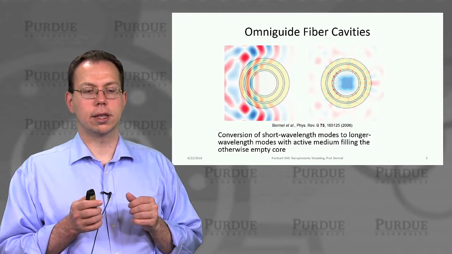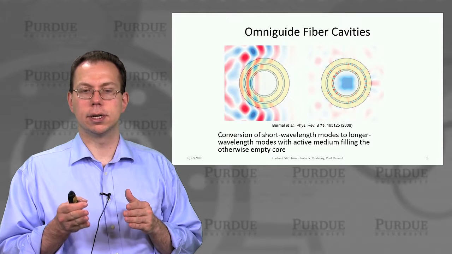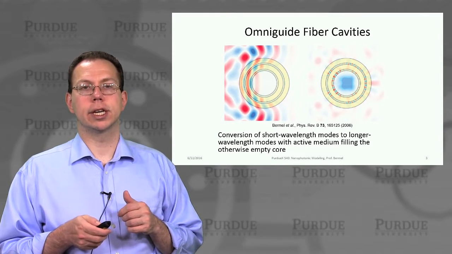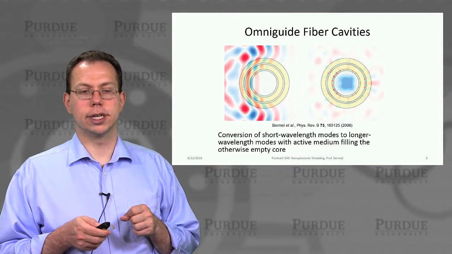That allows us to convert this short wavelength mode to a longer wavelength mode with that active medium, right? That's analogous to what we had earlier in the 2D photonic crystal case for the laser.